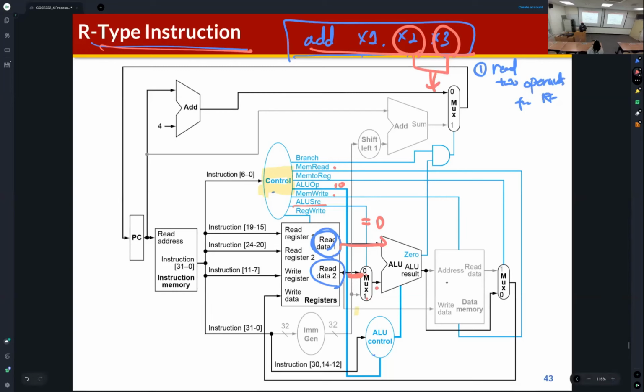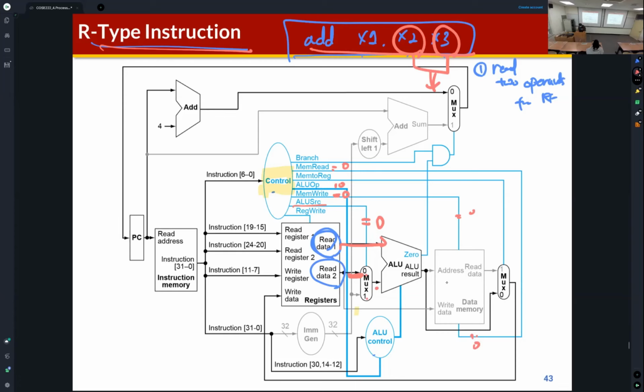So the value of the mem read is 0, right? Because it's nothing. And then mem write is also 0. So this is 0, and this is also 0. Then it's just simple, right?